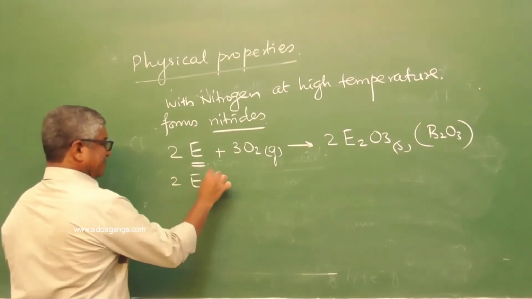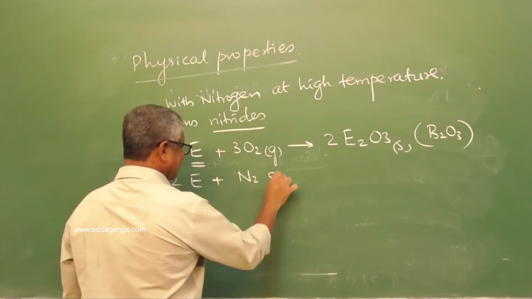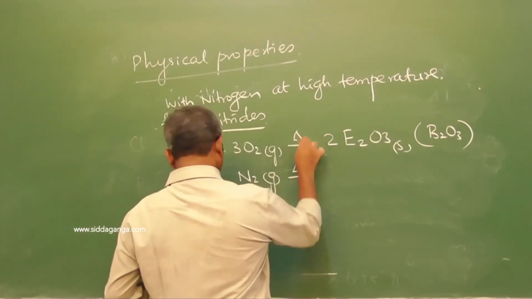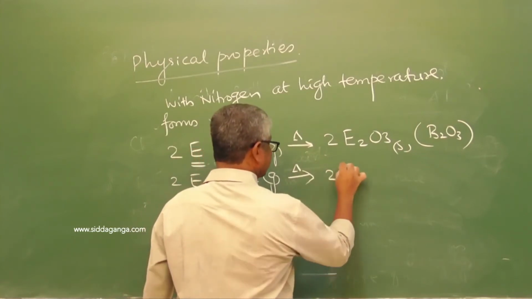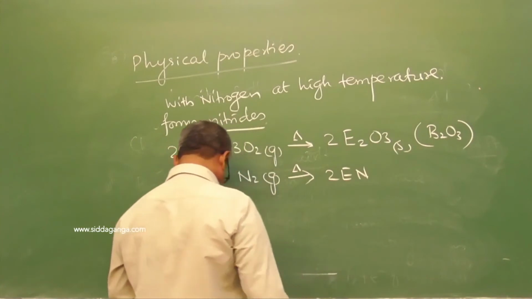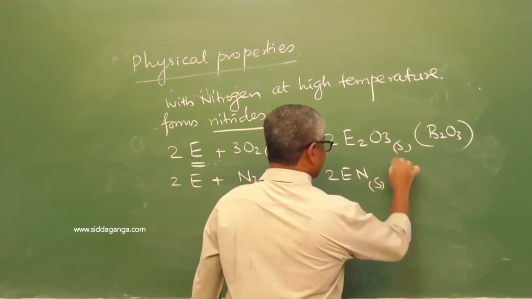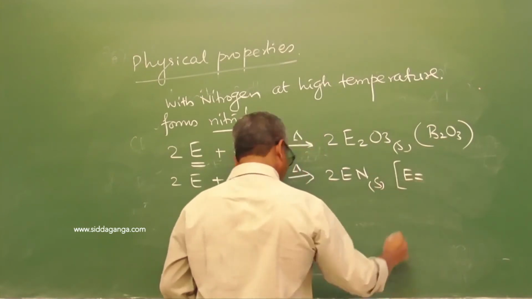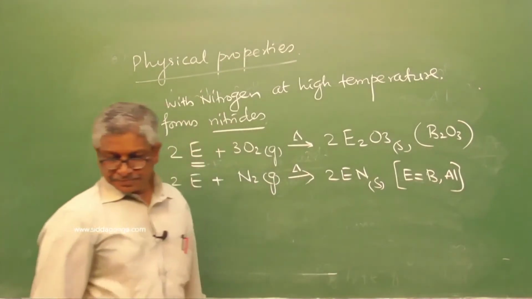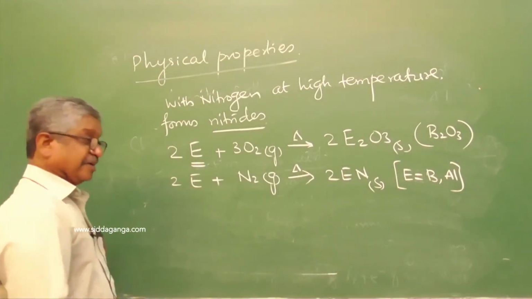The same element, when it reacts with nitrogen gas on heating, gives the element nitride, a solid. Here the elements are boron and aluminium.